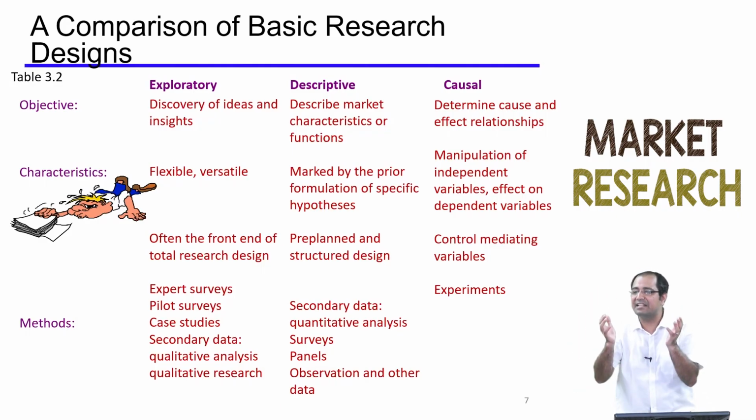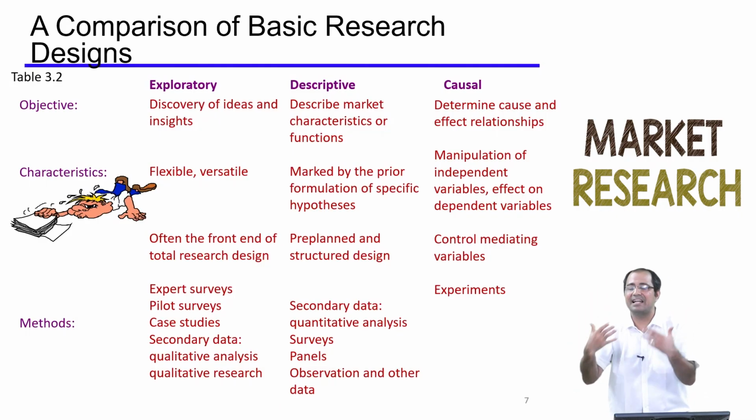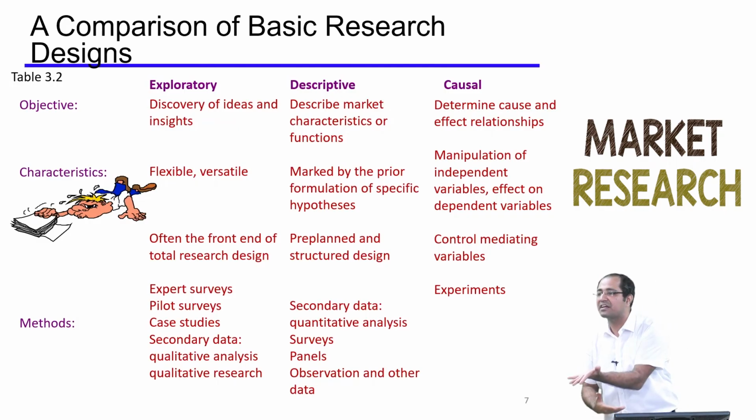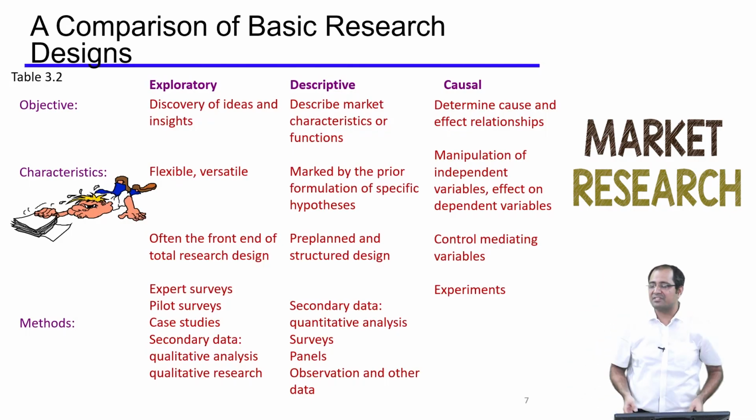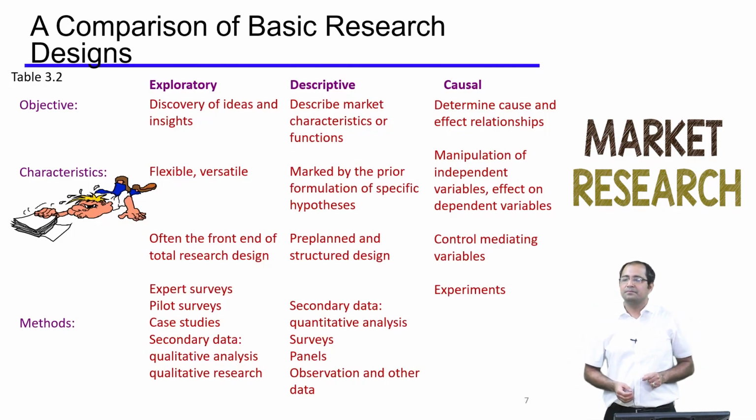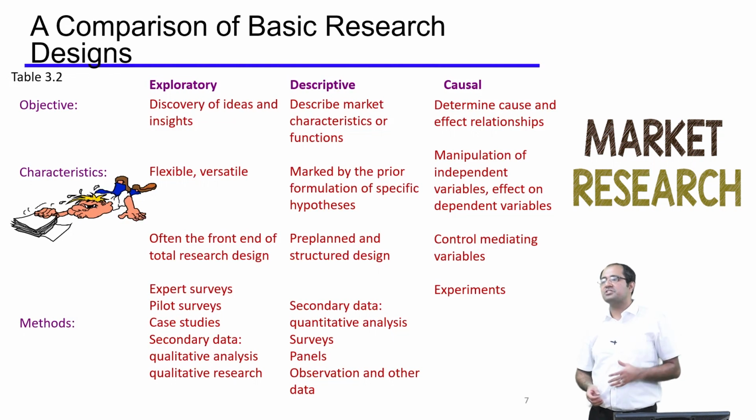So what you have collected is data on market characteristics. What was the market characteristic in this case? How much is your income, how much you spend on fashion clothing. So you are describing market characteristics related to their purchases, their income.